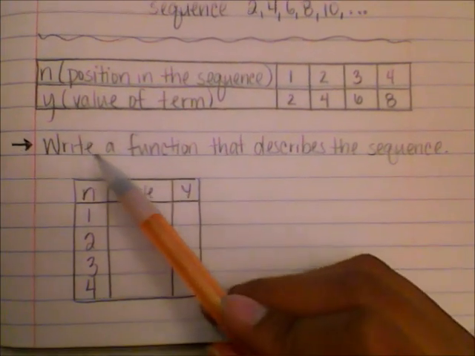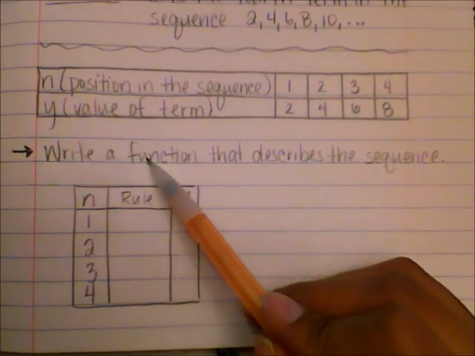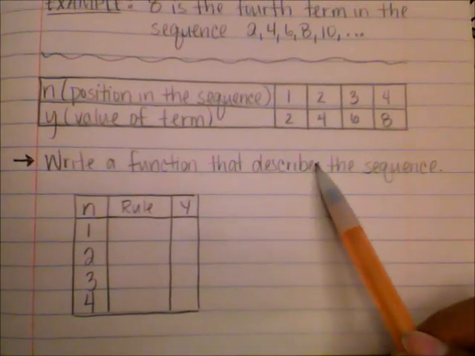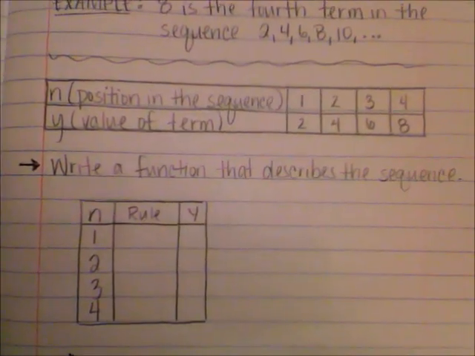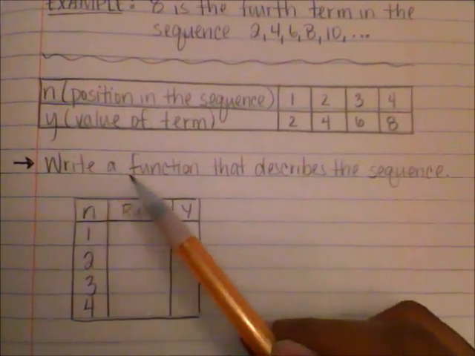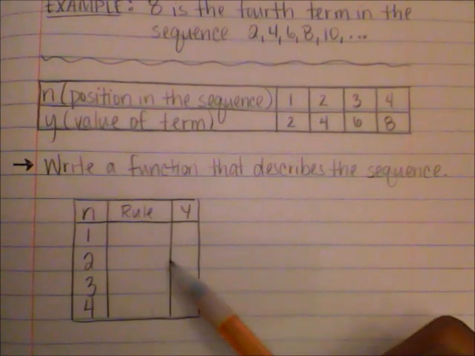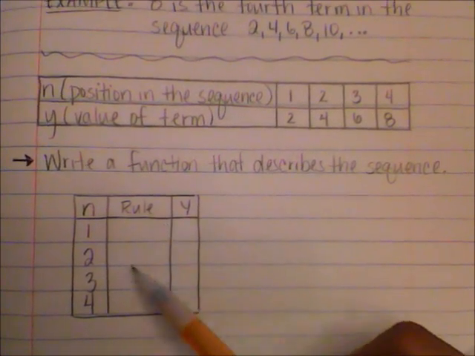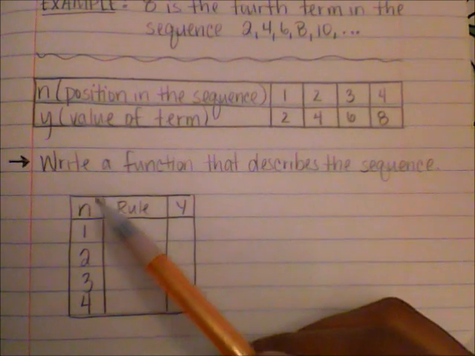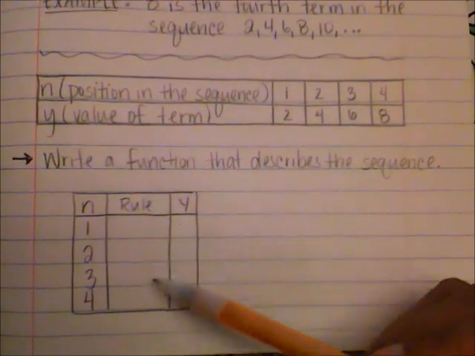Now my challenge to you in this video is this. I want you to try writing a function that describes the sequence. And again, you might want to take a moment to pause this video, write down the challenge, and also draw the table that I've drawn here. Now, all I did really was make this horizontal table vertical.